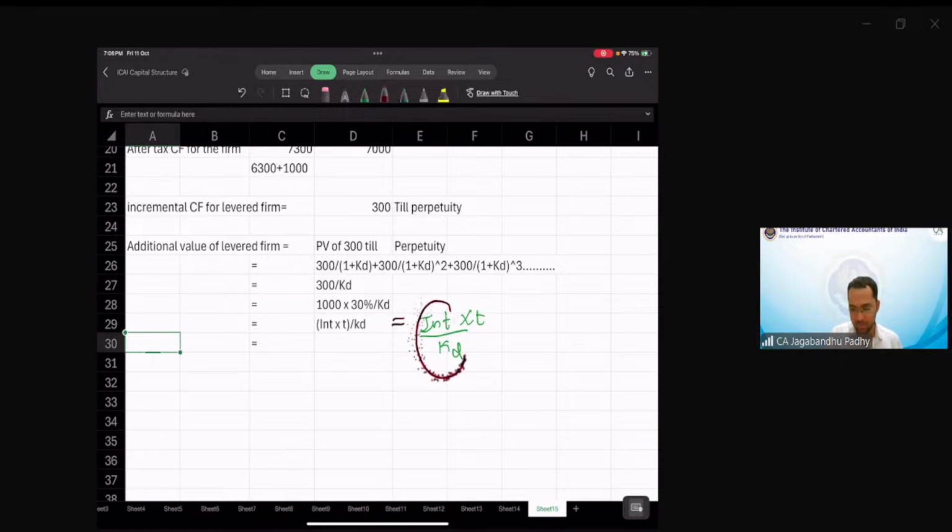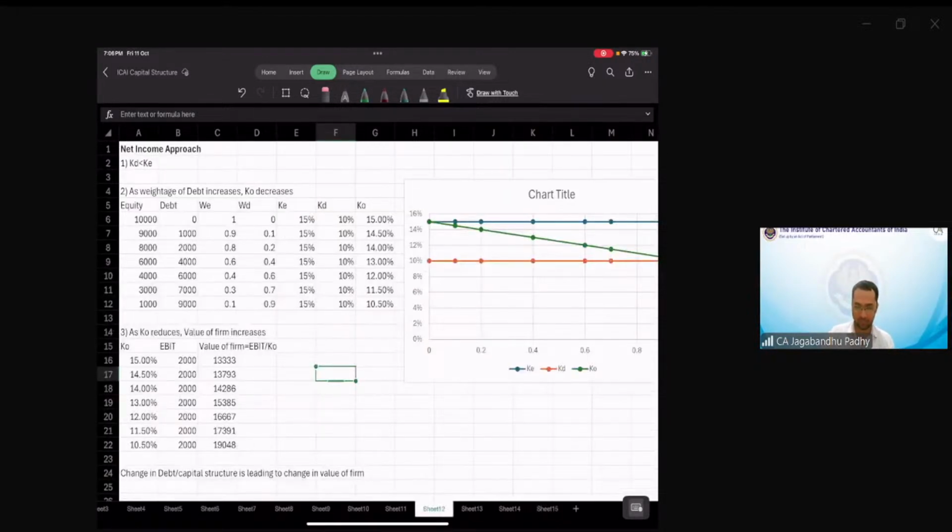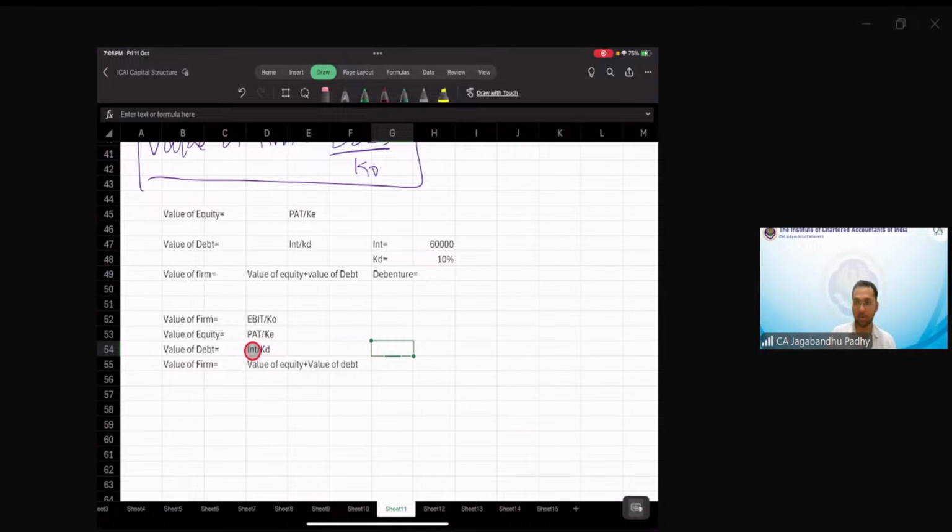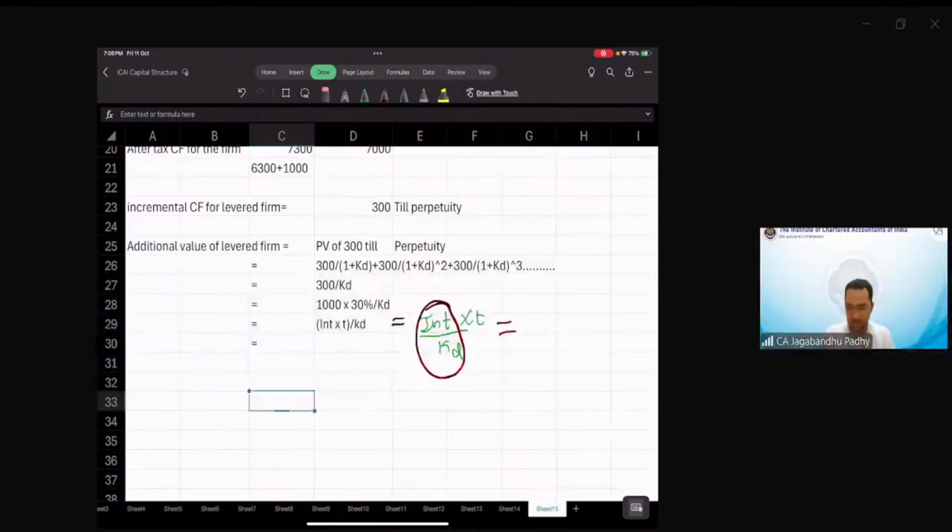Can you tell me what is this interest divided by KD? Observe, it is the value of debt, right? So this is simply the value of debt multiplied by tax rate.